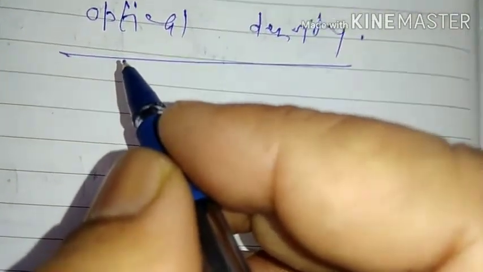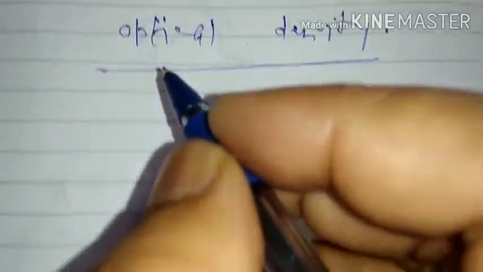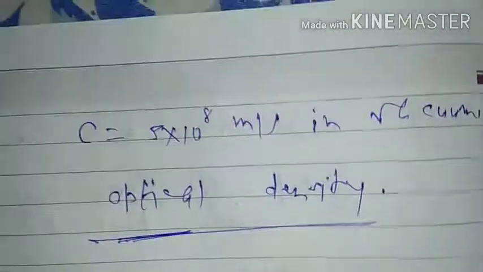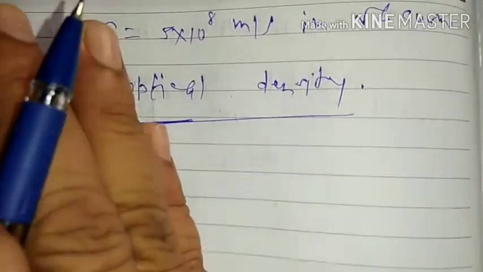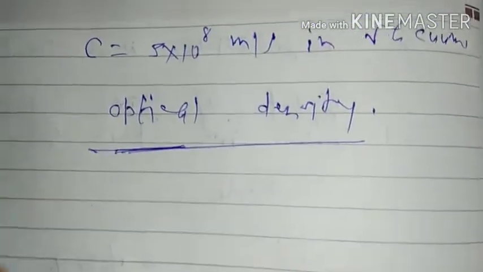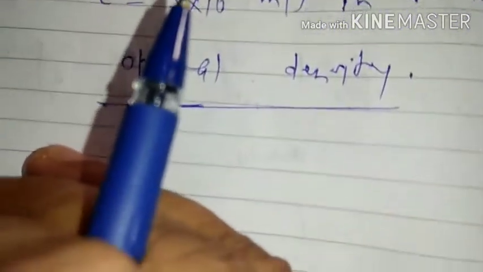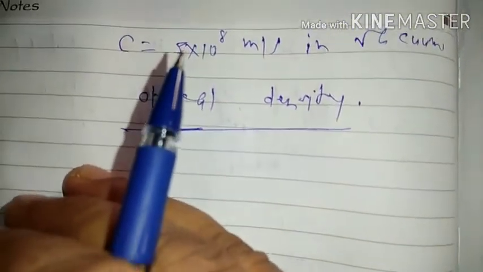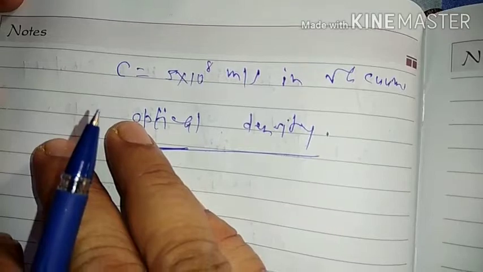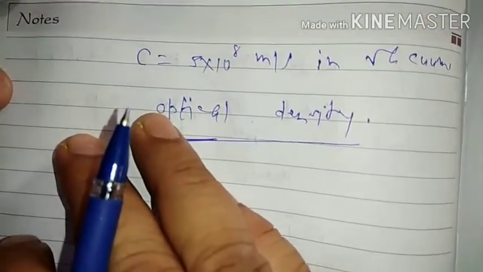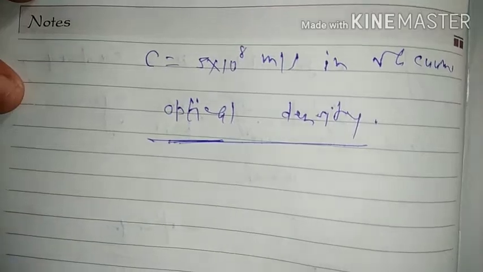If any medium is denser, the optical density of that medium is more. Higher is the optical density, lower is the speed of light. Lower is the optical density, higher is the speed of light. So if rays of light travel from one transparent medium to another, then the ratio of speed of light in the given pair of media is called refractive index. We shall learn it in detail in our next lecture.